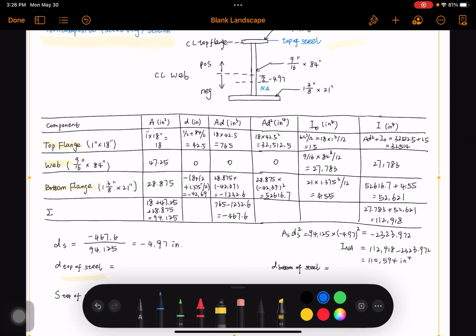Therefore, we can calculate it as 1 inch, which is the top steel flange thickness, plus 84 divided by 2, plus negative 4.97.